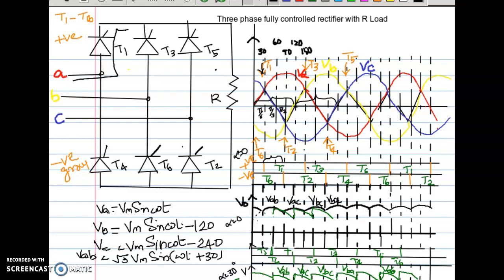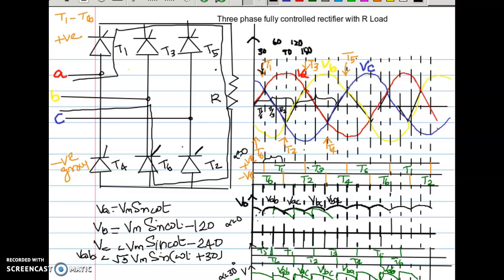The A phase voltage goes to the load, and that is connected to phase B because T6 is connected to B. So VAB appears across the load. In this region, I have drawn VAB for an angle of 60 degree.